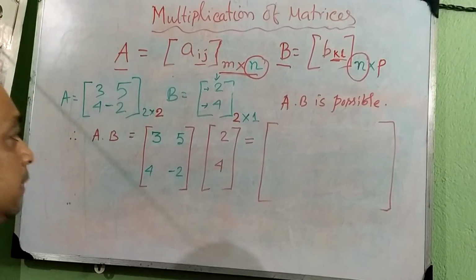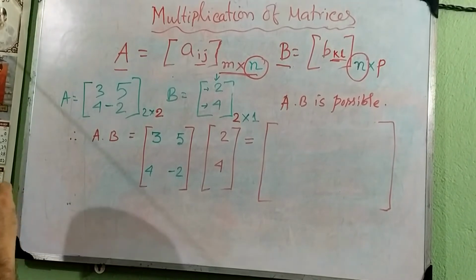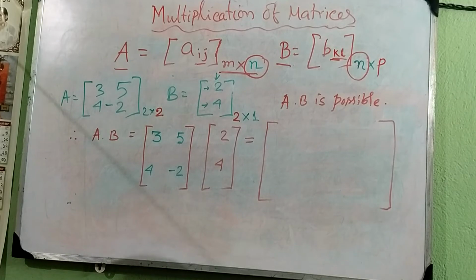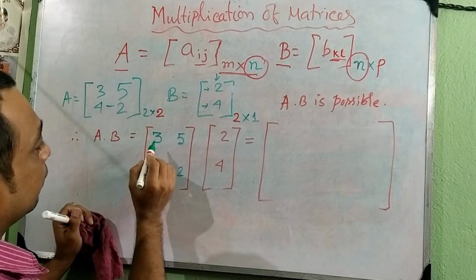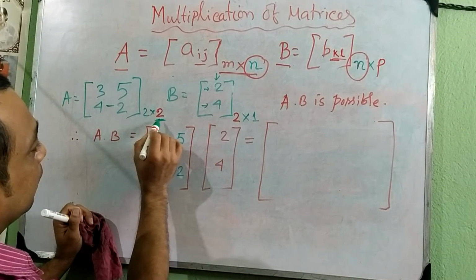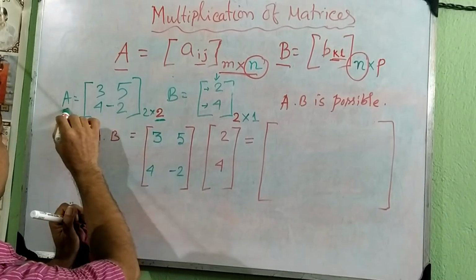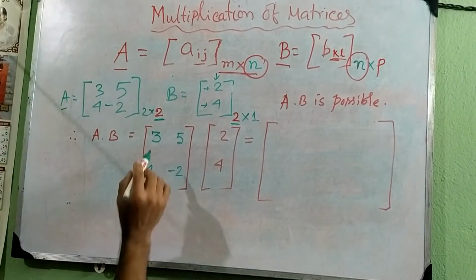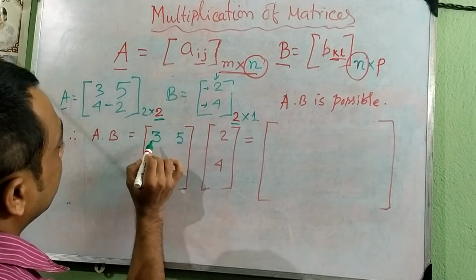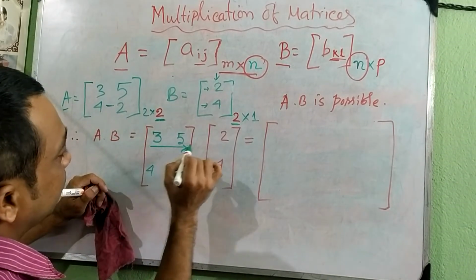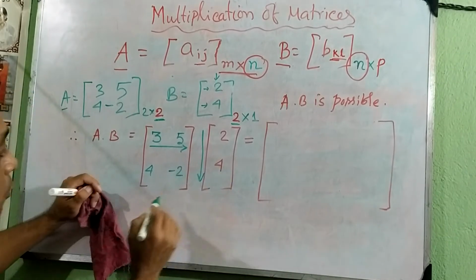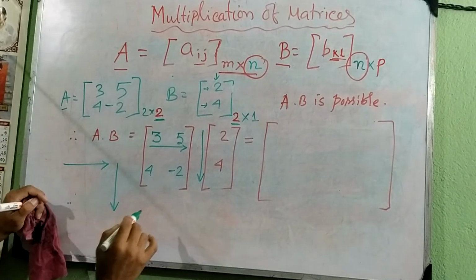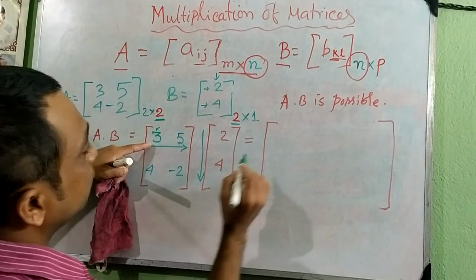Now we will learn how to do the product between two matrices. You can see carefully, as we said, the number of columns of matrix A is supposed to be the same as the number of rows of the second matrix. So first we will multiply like this. Remember this order: row, column. So first row, first element is 3.